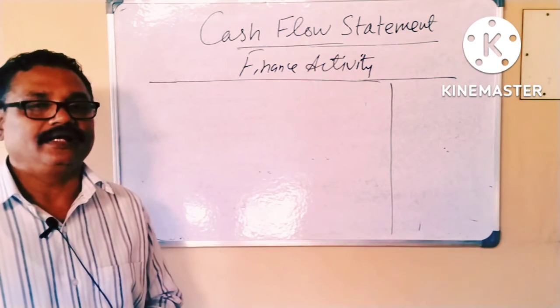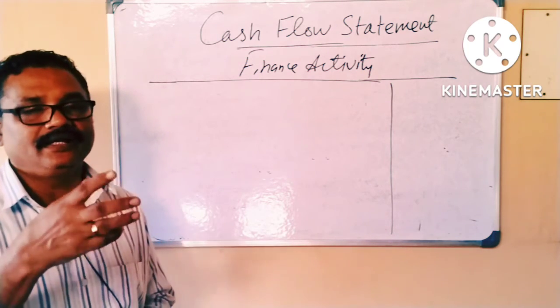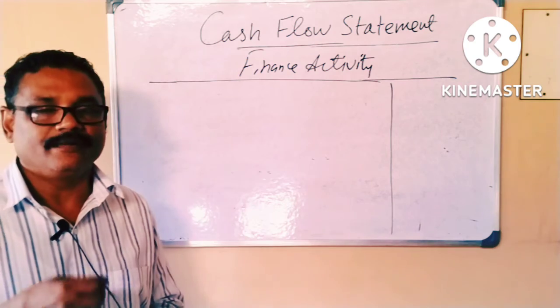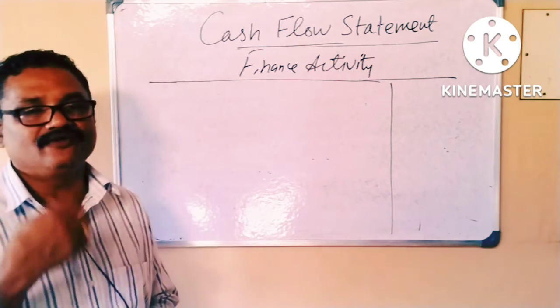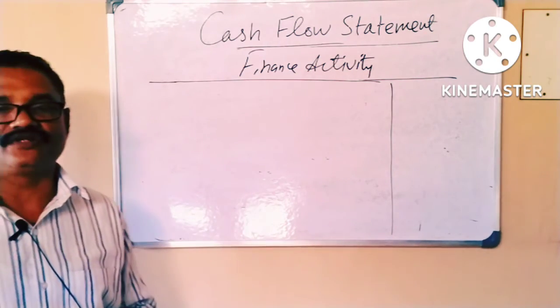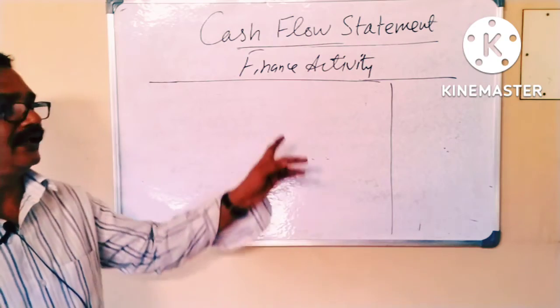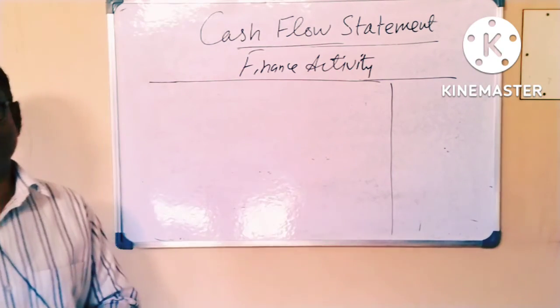When the company repays its share money or debenture money to the public, it is called outflow because money is going out. These are the things we have to study in these three categories: operating activity, investing activity, and financing activity.